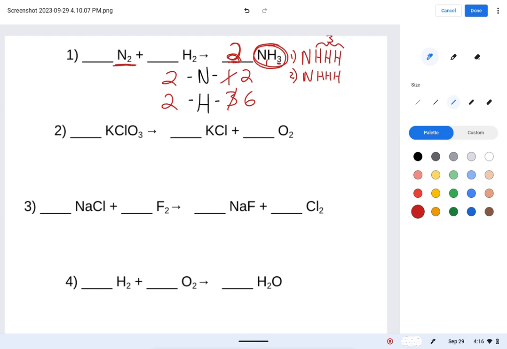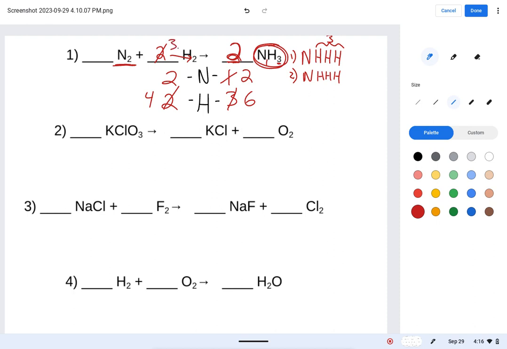So let's go over here to the hydrogen side on the left. To the left side, let's look at hydrogens. We can put a 2 right here, and that's going to give us 2 times 2, which is going to be 4. That's not going to be enough, so we can change that up to a 3.